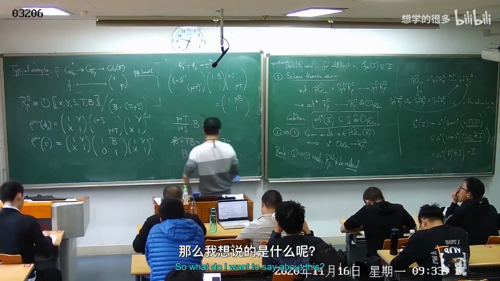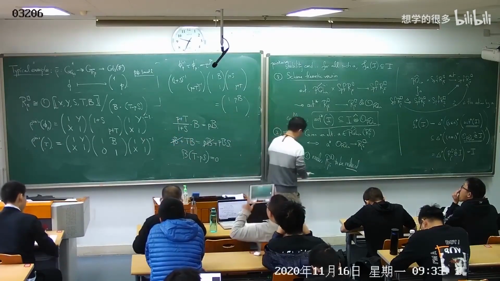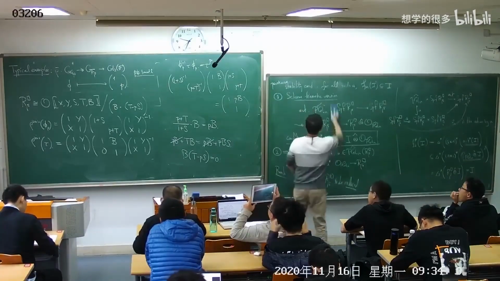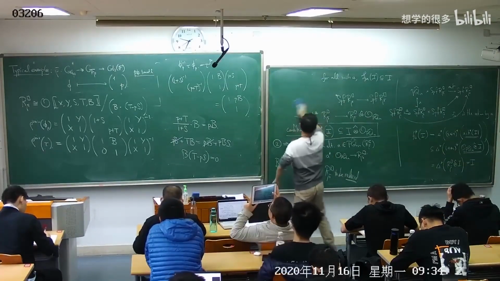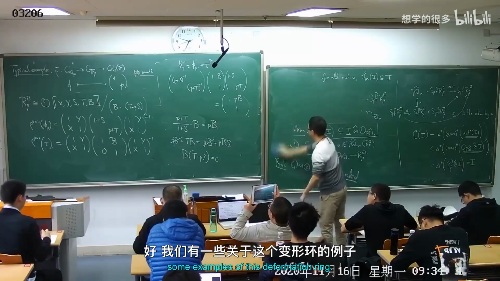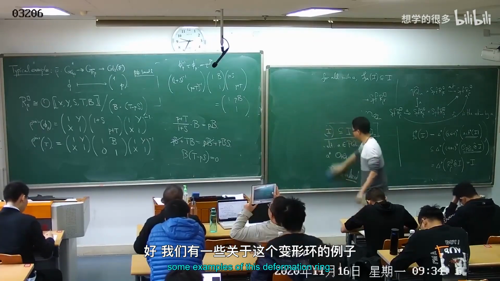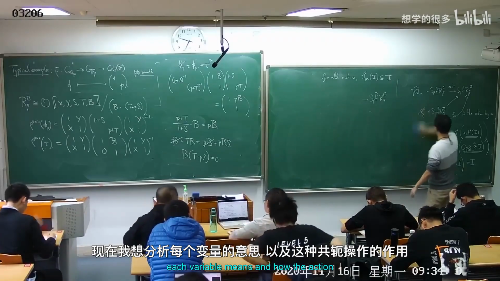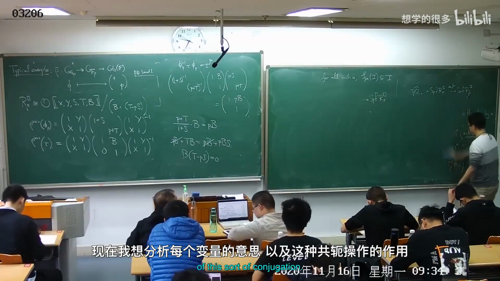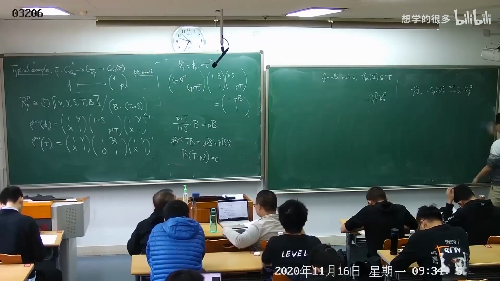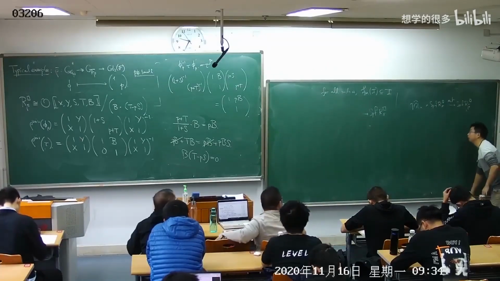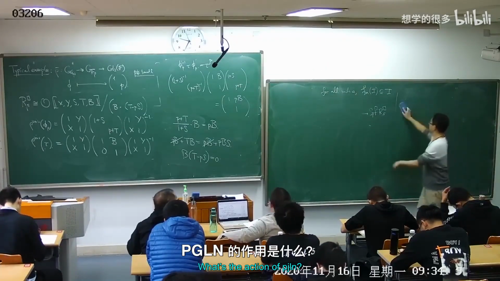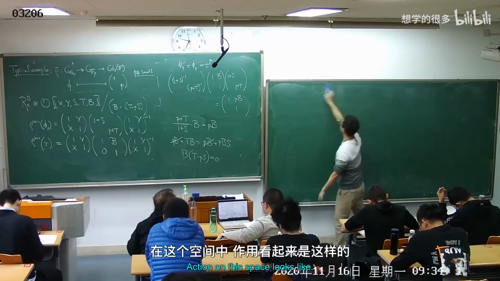So what do I want to say about these? We have an explicit example of this deformation ring. Now let's analyze what each variable means and what the action of this conjugation looks like, the PGL_n action on this space.